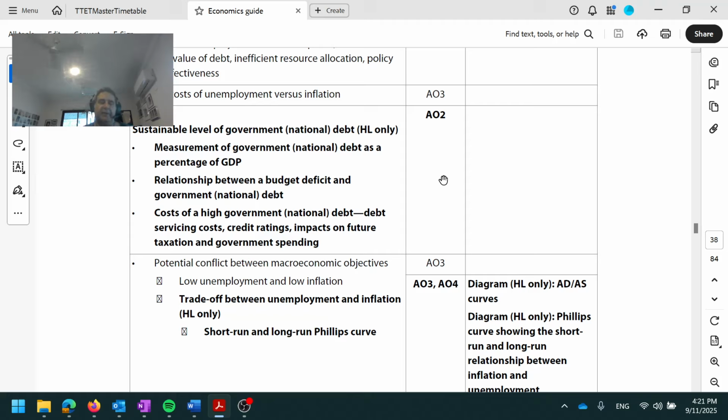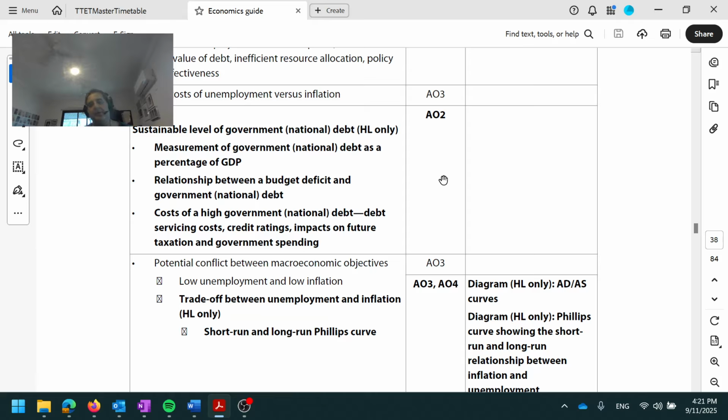So remember, that's the key measurement, the percentage of GDP. Remember the relationship between deficit and debt. That could be a paper 3 question. So budget deficit is just the annual budget where spending is greater than the revenue collected from tax. The debt is just the accumulation of previous budget deficits, right?